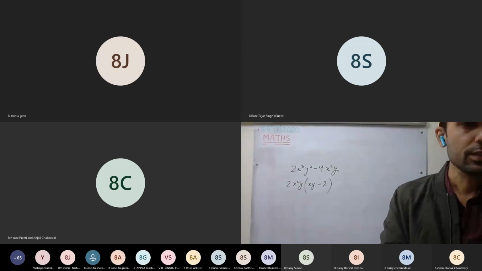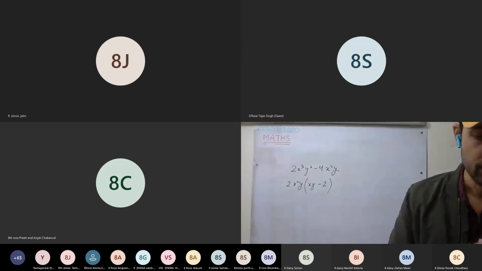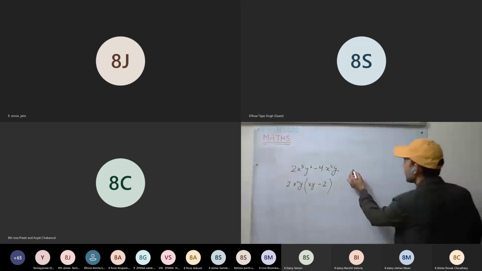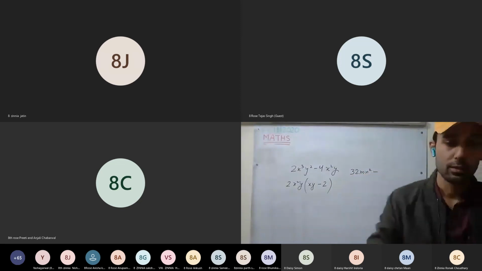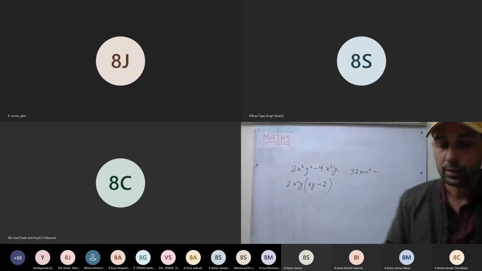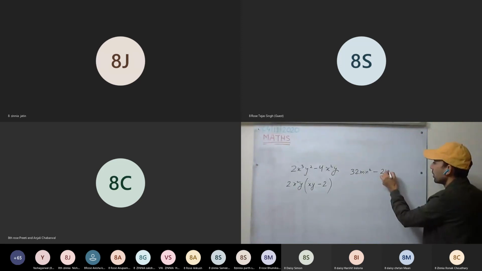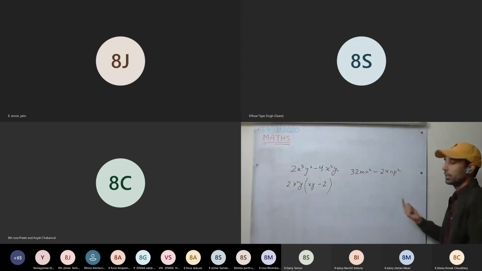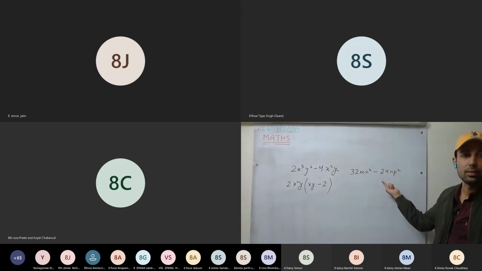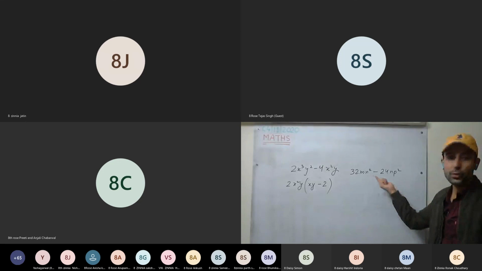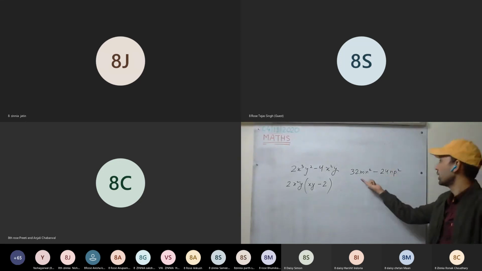Okay. Next one, Kamlesh, you answer. Third one, 32 mn square minus 24 np square. Answer this one. Arushi, you answer. Arushi, 8 Rows.